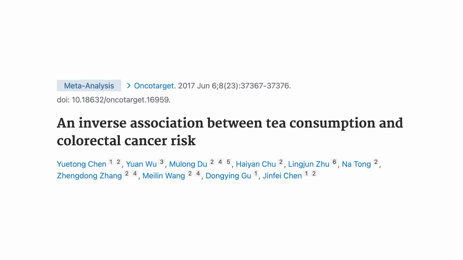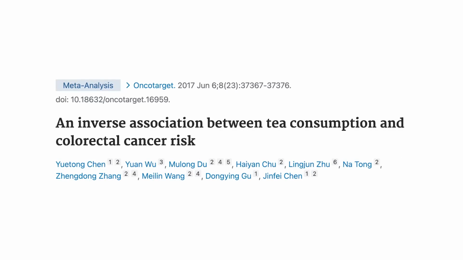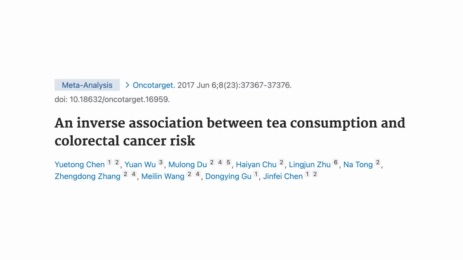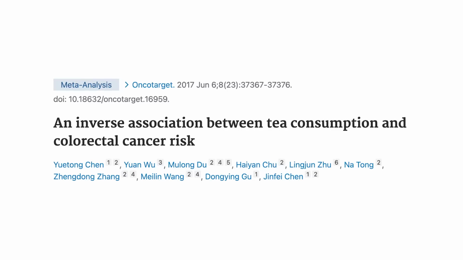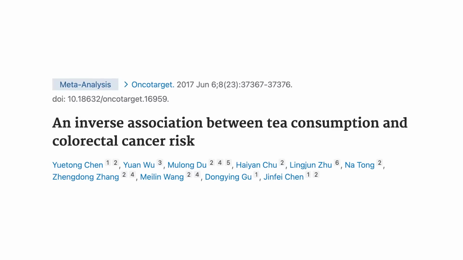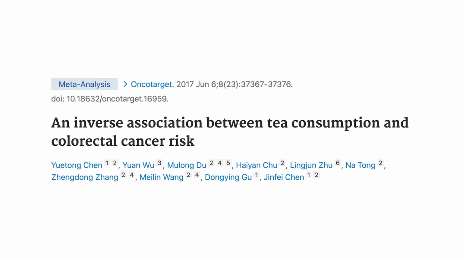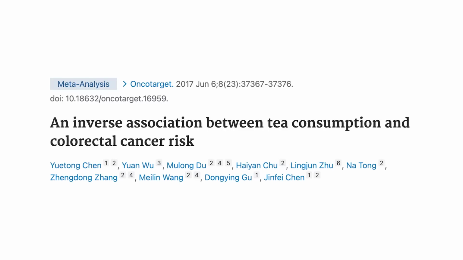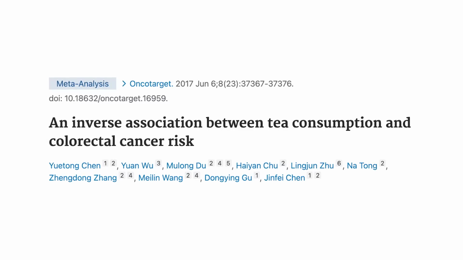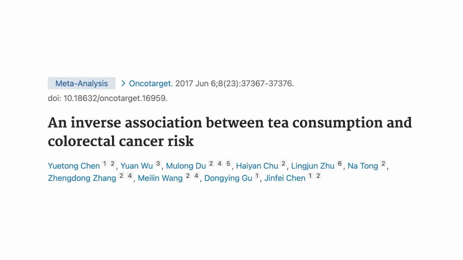Now, this is an observational study, but the results are promising. Let's build on that. A meta-analysis of 29 studies published in the peer-reviewed journal Oncotarget found people who drink green tea daily were around 42% less likely to develop colorectal cancer. Almost 50% less risk.